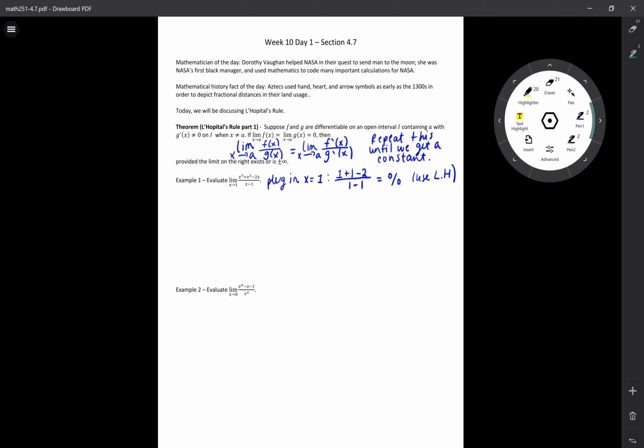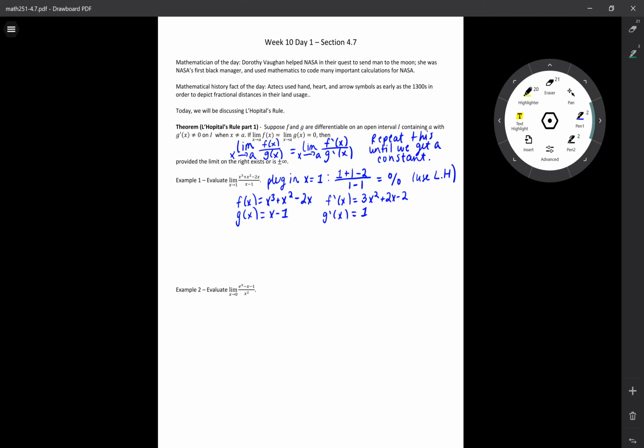So I see that my top here, f of x, is equal to x cubed plus x squared minus 2x. This gives me that f prime of x is equal to 3x squared plus 2x minus 2. And my bottom, g of x, is equal to x minus 1, which means that g prime of x is simply equal to 1.